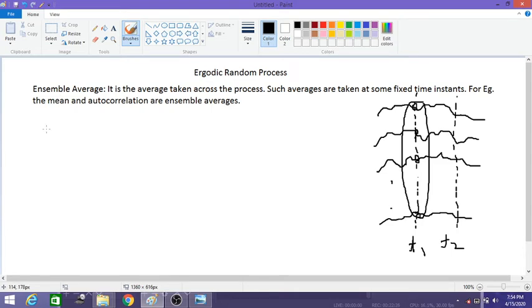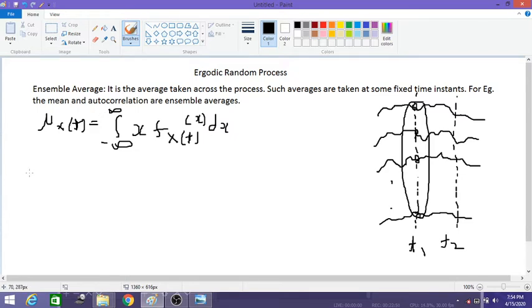So let us write the mathematical definition of mean. We know that mu_x of t is equal to the integral from minus infinity to plus infinity of x times f_X(t)(x) dx.